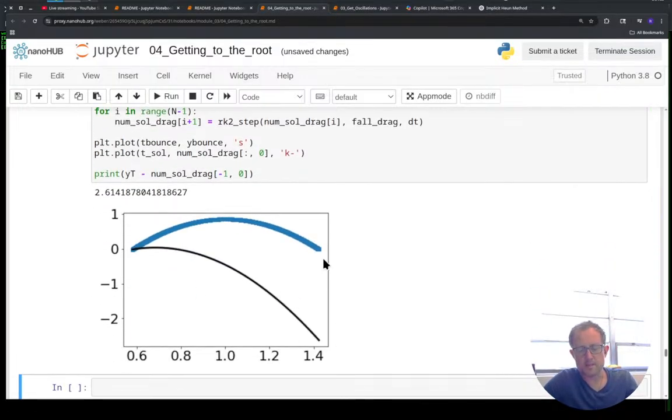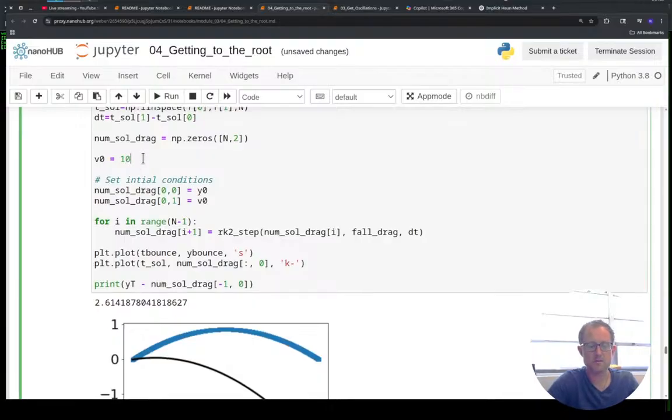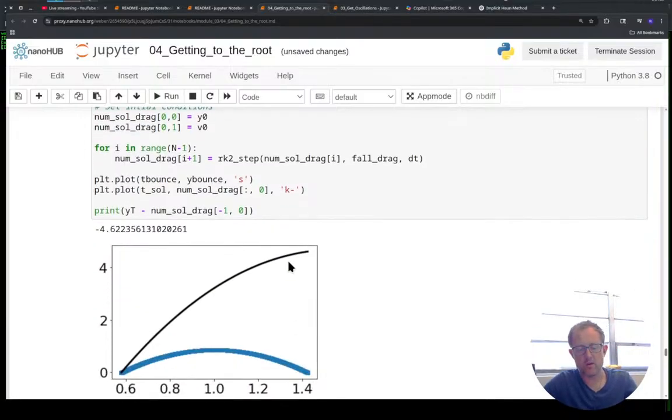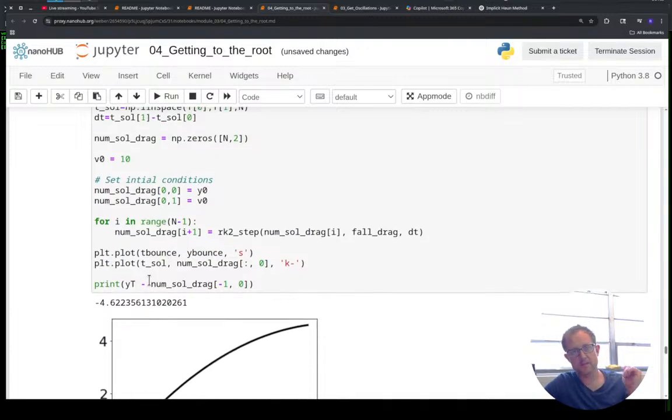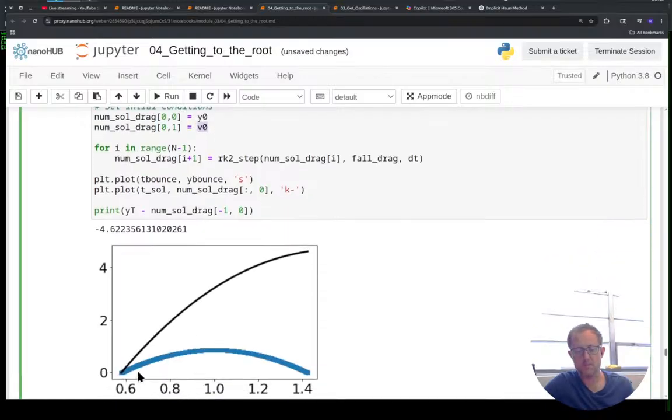So in this case, it was supposed to be about 0, but it's actually -2.6. So my error is 2.6. And for that 10 meters per second, my error is up at almost 5 meters. It should have been at 0. So my error is -4.6. If I can get this error to 0, then I know what this initial v0 is to match this function.